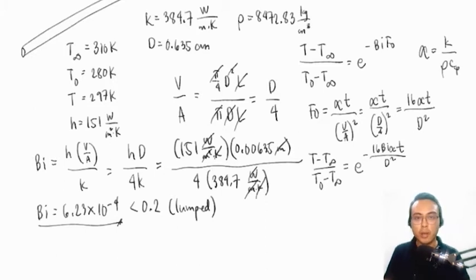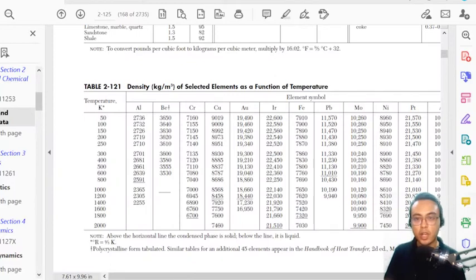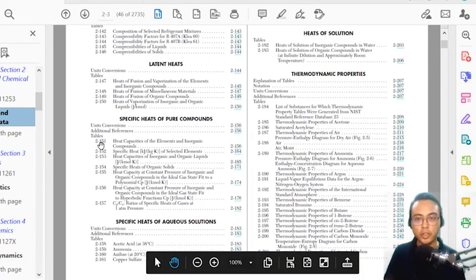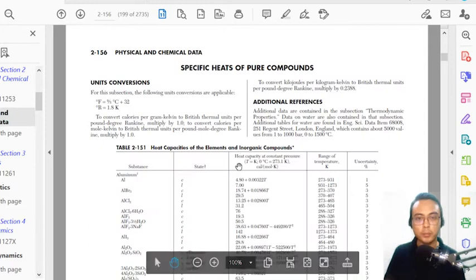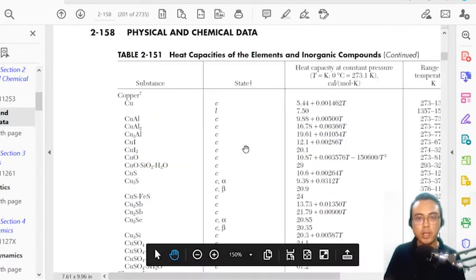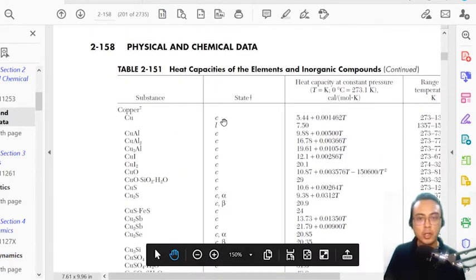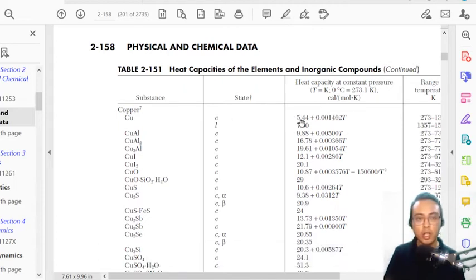And then we do the same for the heat capacity. The heat capacity is found still in Chapter 2 under table 2-151. Let's look for copper. If you take a look at this entry for copper, the heat capacity is given as a function of temperature using this equation, 5.44 plus 0.001462 times T, wherein you simply substitute your temperature in Kelvin, and then this equation will give you the heat capacity in calories per mole per Kelvin.